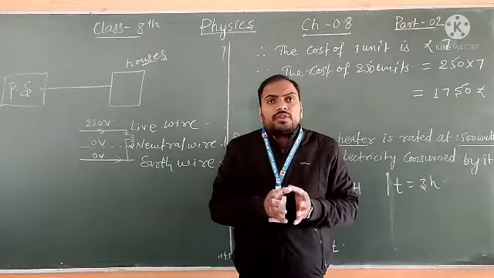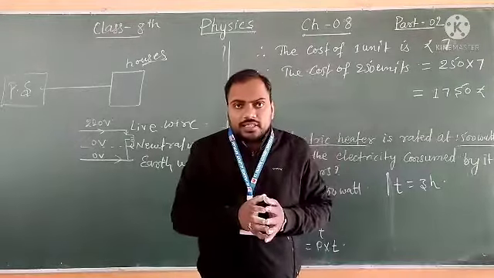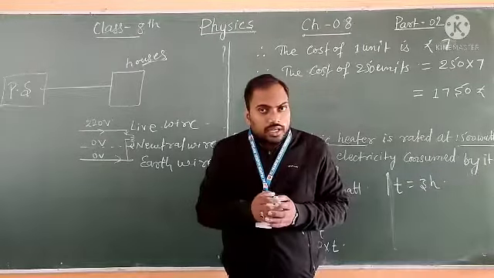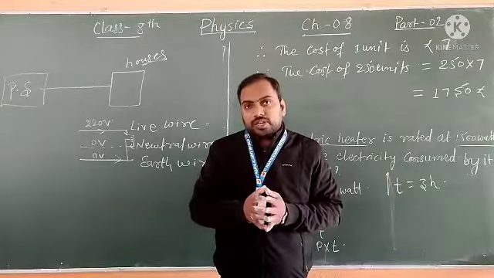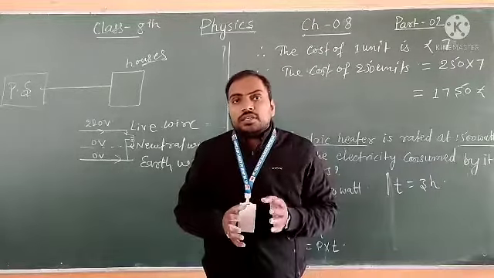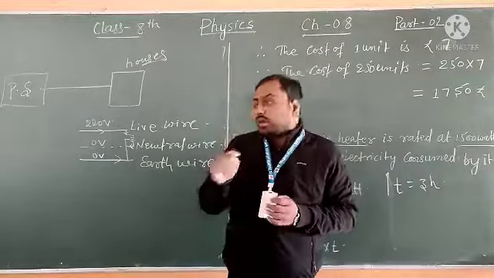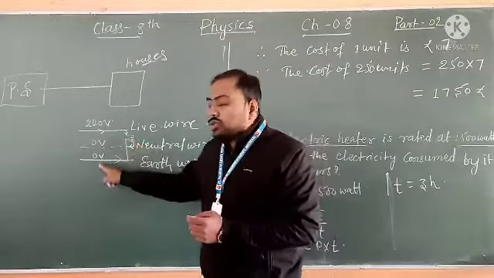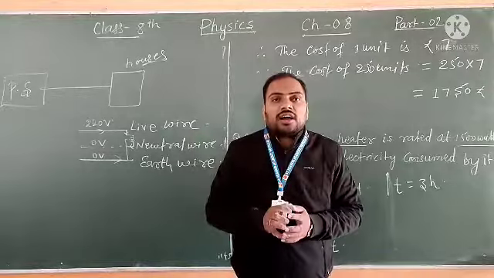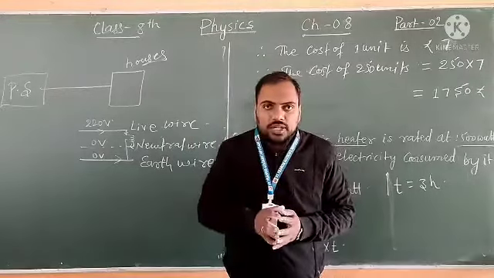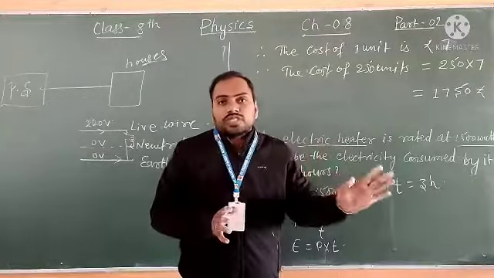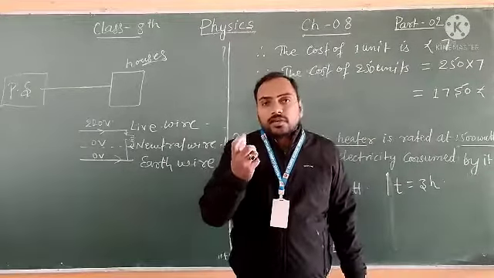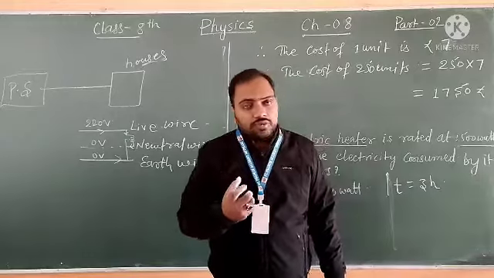The surface is a conductor, a metallic substance like iron or copper, so it will conduct current and accumulate charge over it, and if you touch it, it will definitely give you a shock. The earth wire is connected to that surface, so it will draw the accumulated charge away and make you safe. So we can say that earth wire is a safety wire.